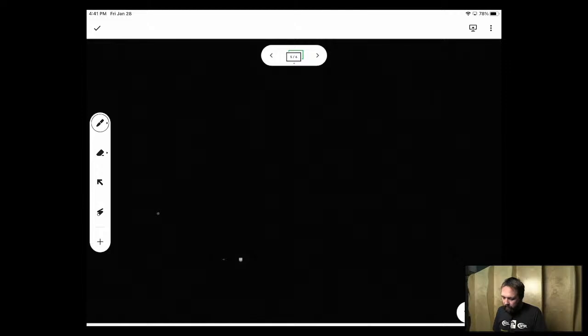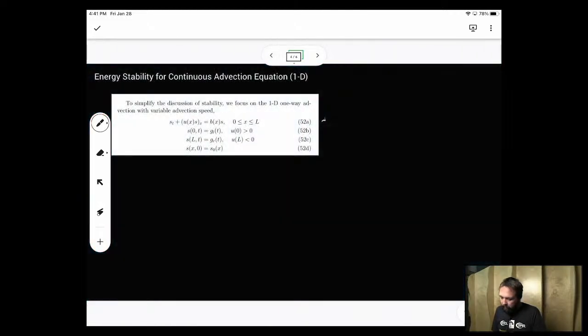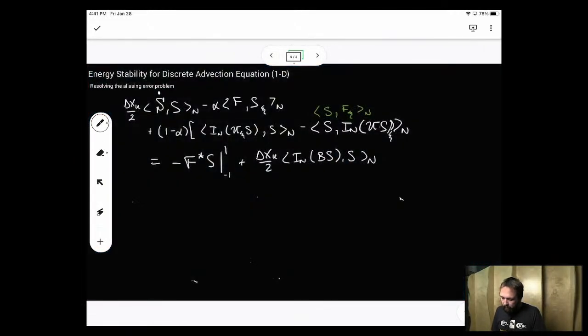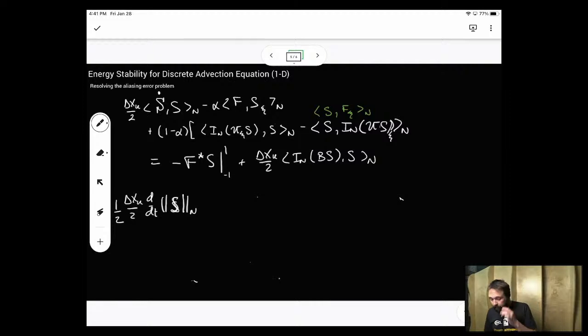So on the left-hand side, I just killed everything, didn't I? Oh, no, I didn't. All right, so what I get on the left-hand side is this delta xk on 2 comes down. I'm just going to call this d by dt of the discrete norm of S. So this is capital S. All right, and that's on 2.